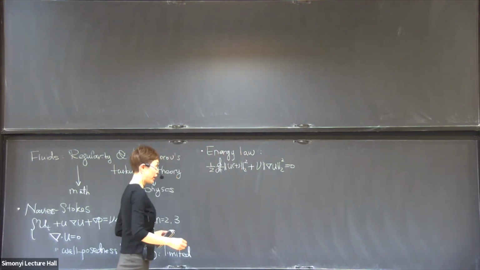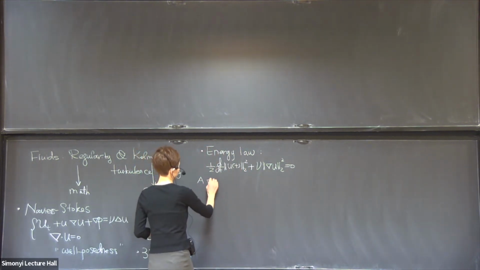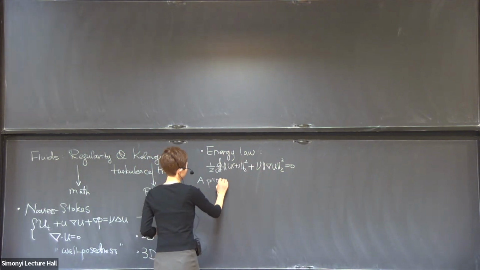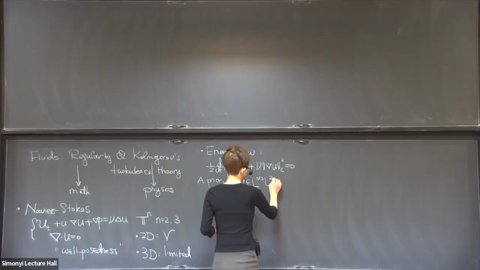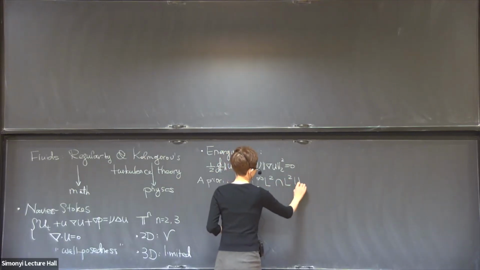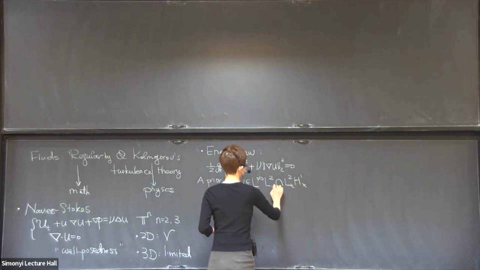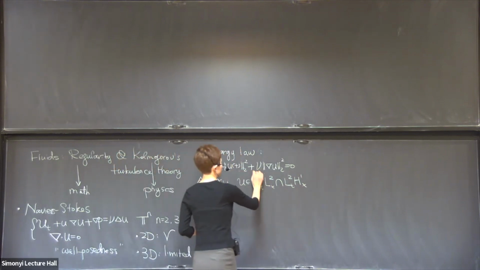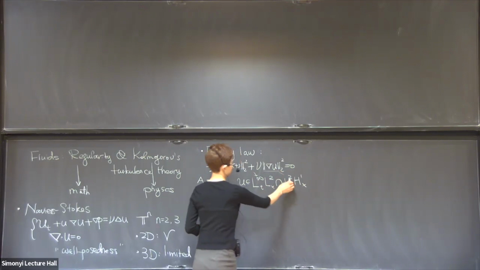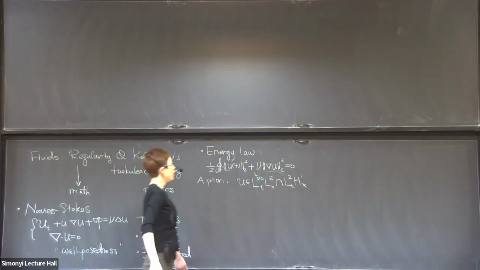And a priori that gives us the estimate of L infinity in time L2 in space, and L2 in space-time. So the first one gives us this, and this dissipation term gives us the enstrophy.